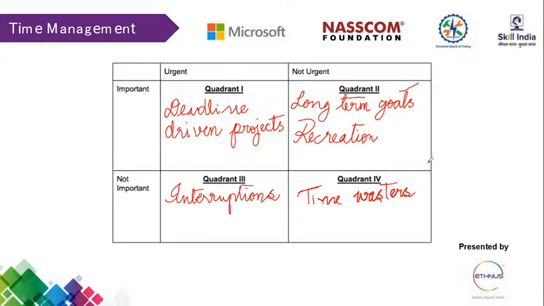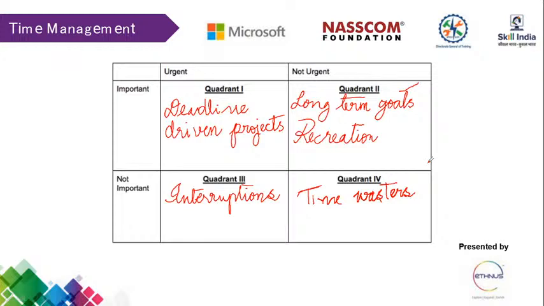Okay, so let's revise the things that we learned today. First, we learned about the effects of multitasking. Multitasking might result in errors, so it's very important not to multitask. After that, we learned about procrastination and the problems that we get because of it.